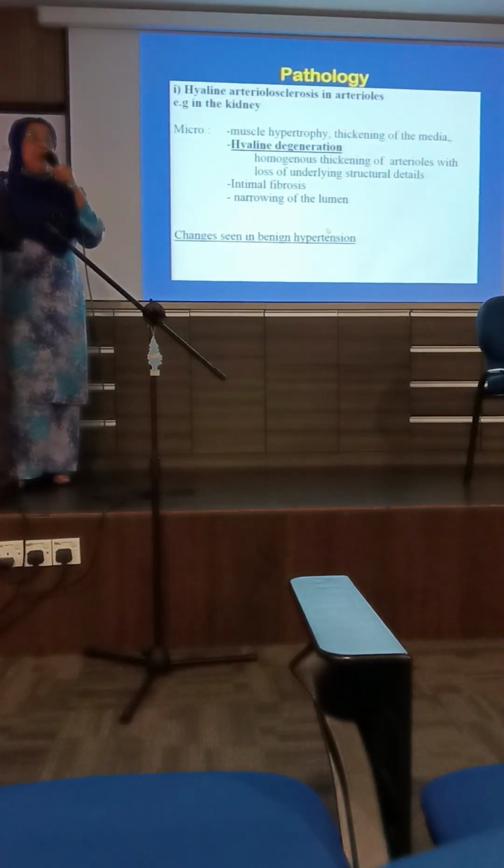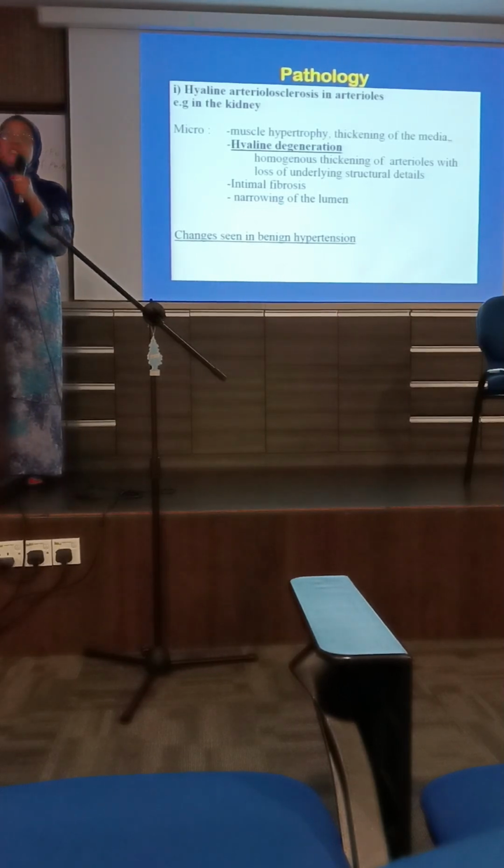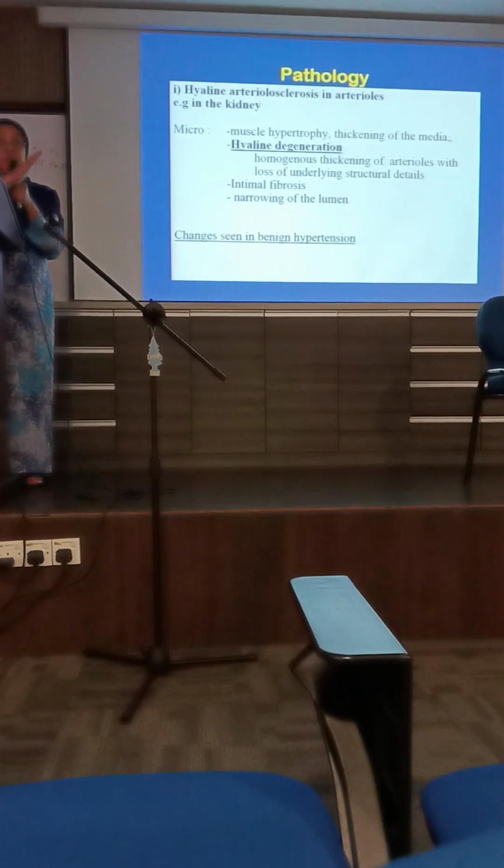Okay, just to have a look at these pictures. These are just examples. Okay, kidney is one organ where the blood vessels affected will finally lead to kidney damage. I've said just now, hyaline arteriolosclerosis, right?